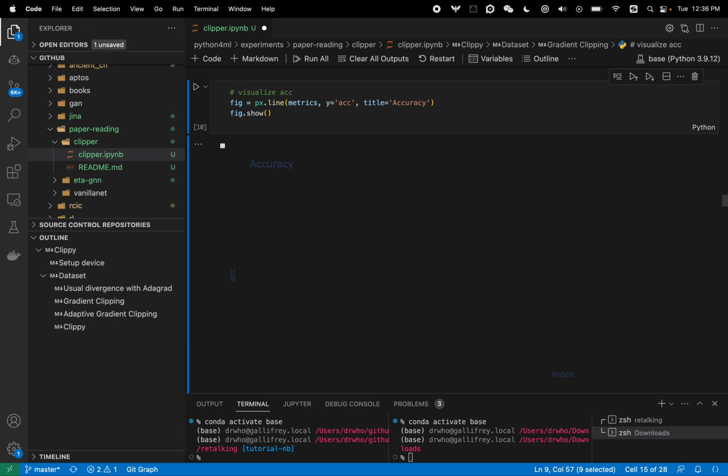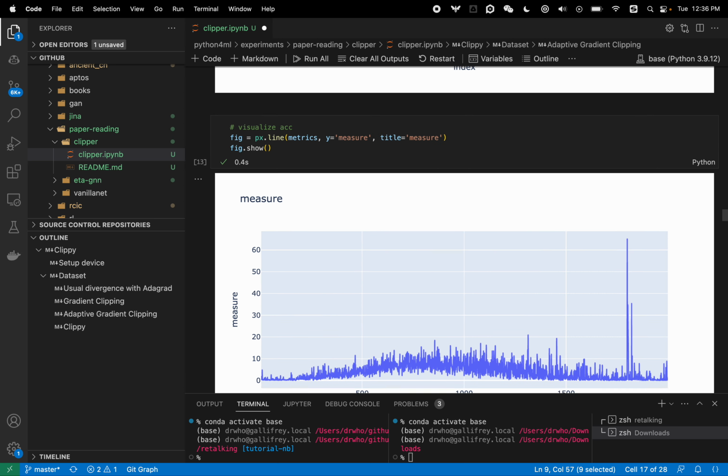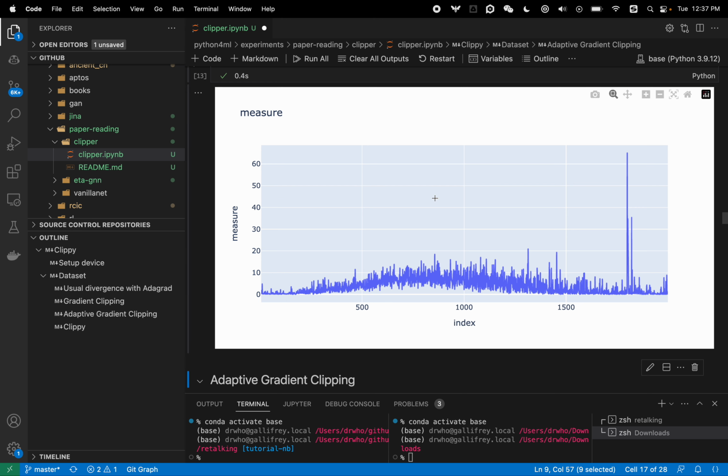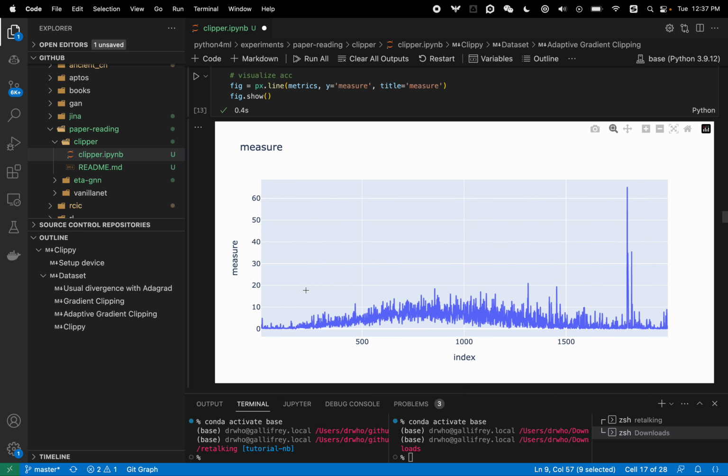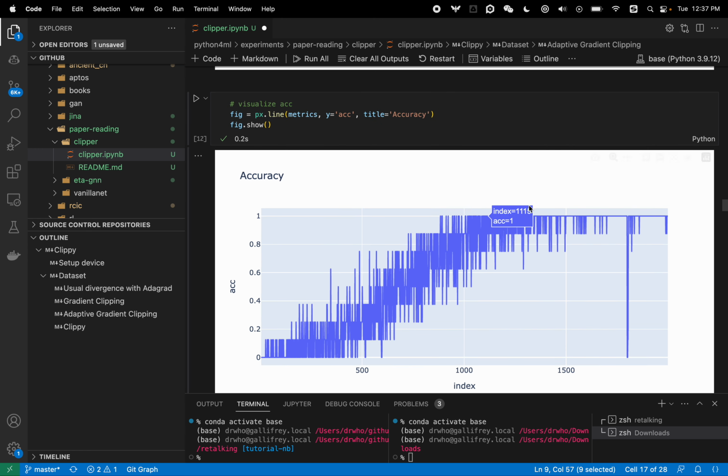Of course, it has certain help. If you look at the charts, you will still find that the measure actually spikes up during the event that I set, step 1800, where the disruption might happen. It's very sensitive to that. And this is the accuracy.